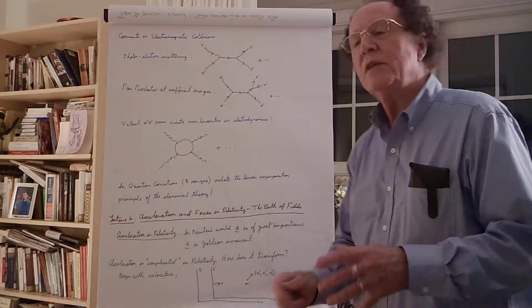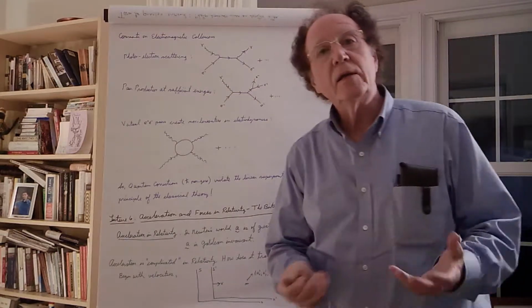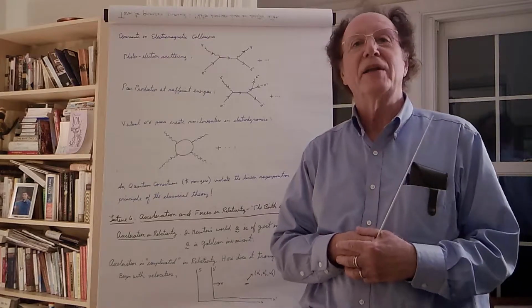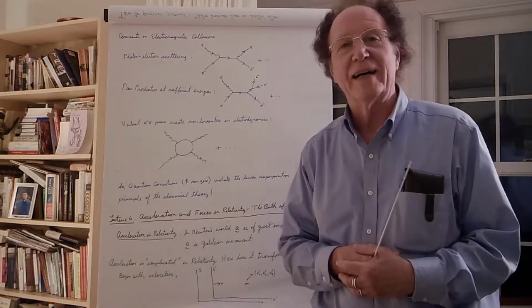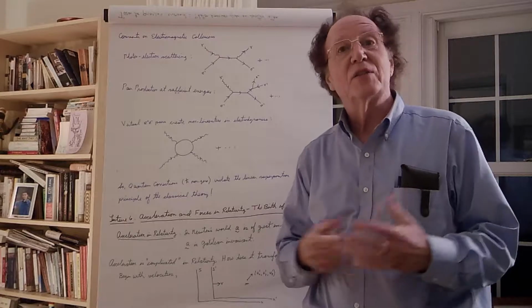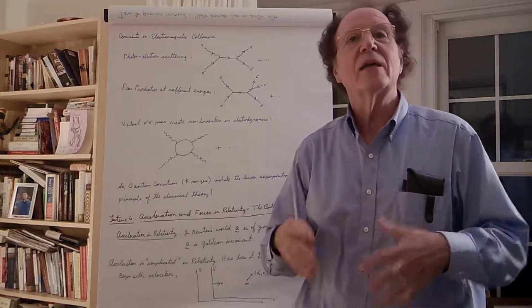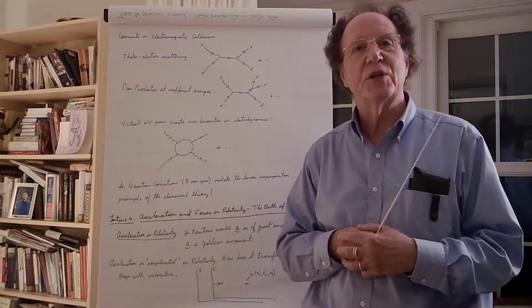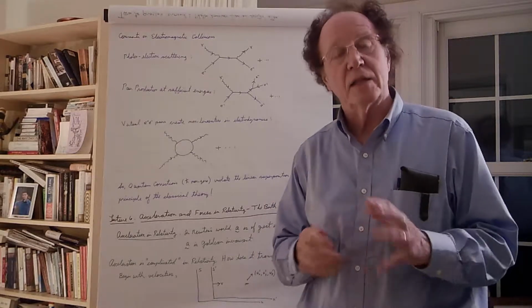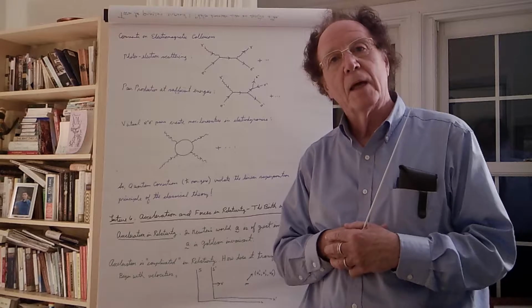So there are lots of examples now. In your textbook, there's a flood of examples and problem sets and solutions to some of the problem sets, and you'll do kinematics. You'll get used to energy momentum conservation and relativistic kinematics, and it's very worthwhile to do that.